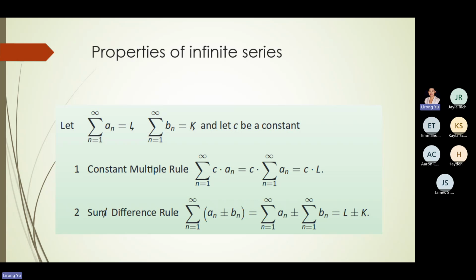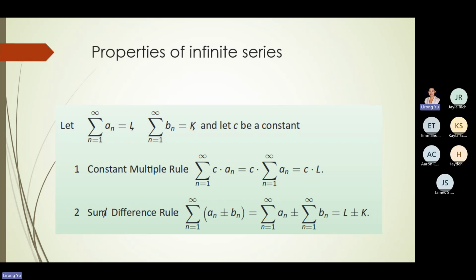You can factor C out as a common factor and just do that calculation. Since the calculation for the infinite series is L, this rule says the summation of C times a_n is equal to C times the summation of a_n, because L is the summation of all the a_n. Basically, if you have a constant, you can bring it out of the summation.